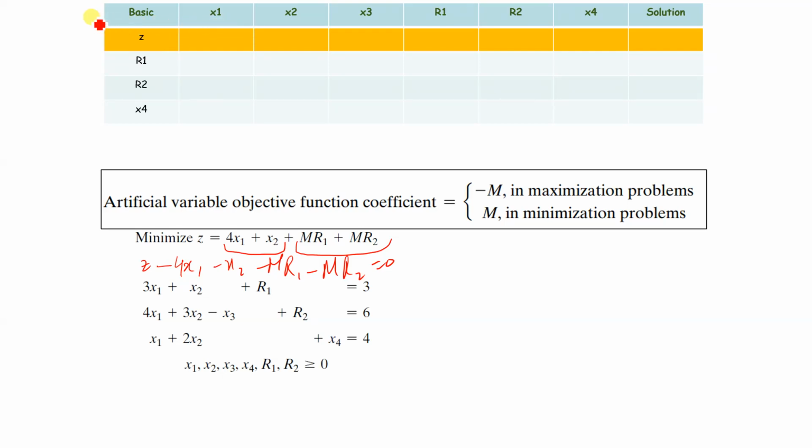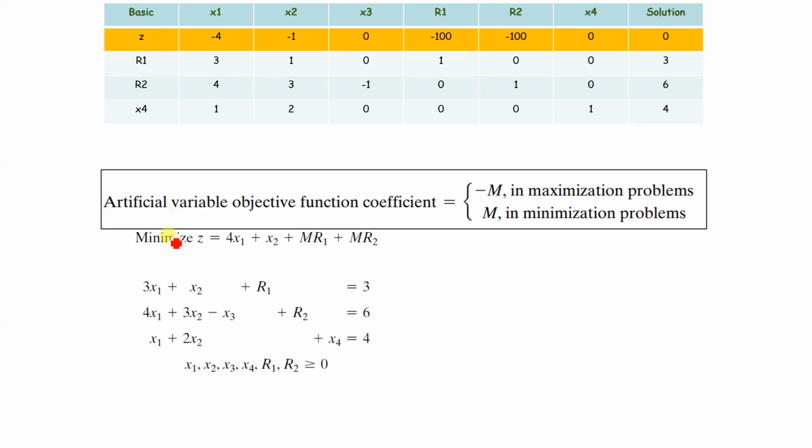The left column is dedicated to basic variables, that is non-zero variables. These are the variables involved in the system, and the extreme right column is dedicated to the solution. If we fill all these spaces, we have this. This is the R1 row, which represents all the coefficients and solution in the first equation.